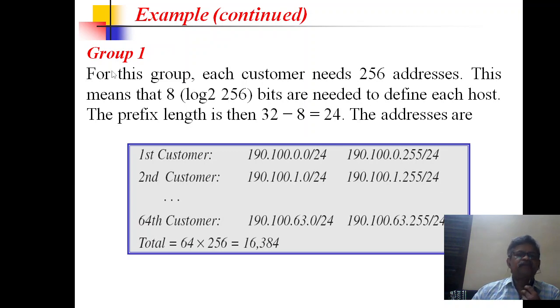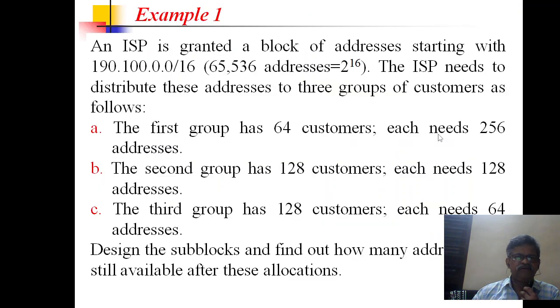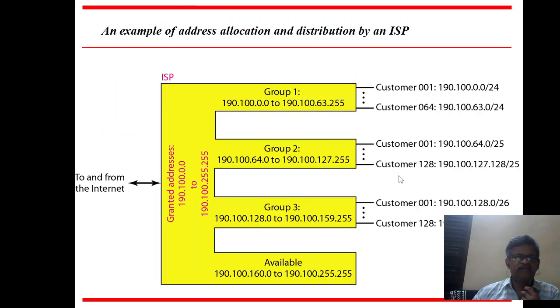Based on that, each customer in the first group needs 256 addresses. This means 8 bits are needed to define each host. 256 means 8 bits are required. So the remaining 24 is the mask.